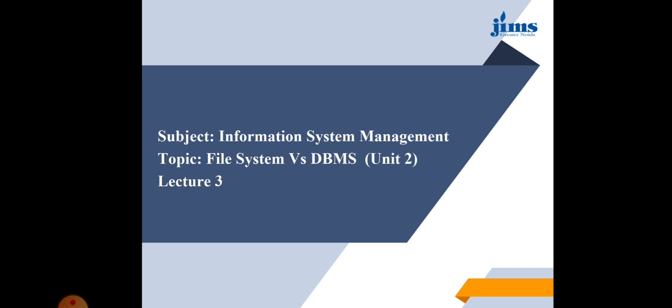Now in this lecture we discuss file system versus DBMS. Why does this comparison come up? Basically, before DBMS we stored everything in a file system. The file system is a system in which we make a particular file for a particular field.